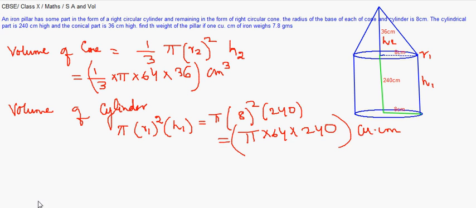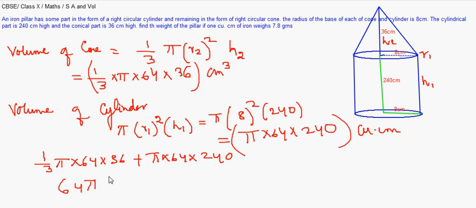Now we need to add them. To do so, I'll write 1/3 pi 64 into 36 plus pi into 64 into 240. I can take 64 pi common, and that leaves me with 12 plus 240.